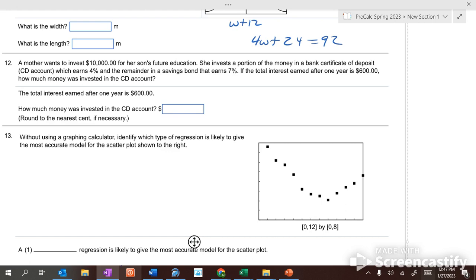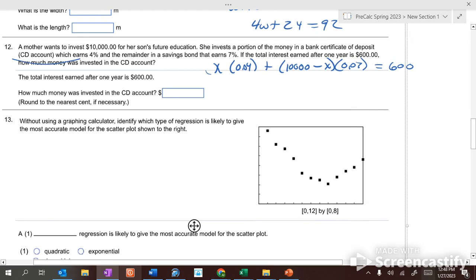So you have X at 4%, 0.04, plus $10,000 minus X, because if you have $10,000 total, X of it is invested at 4%, the other is invested at 7%, and that should equal $600. You solve that equation to figure out how much was invested with a CD at 4%.